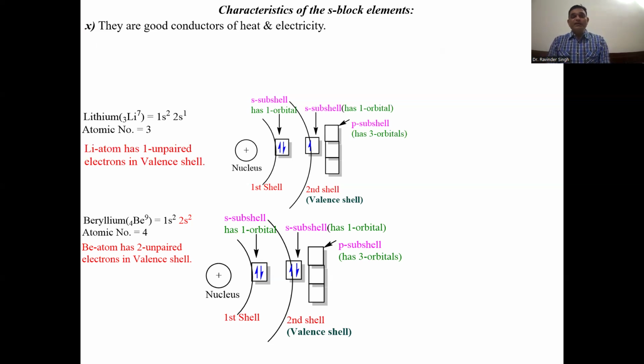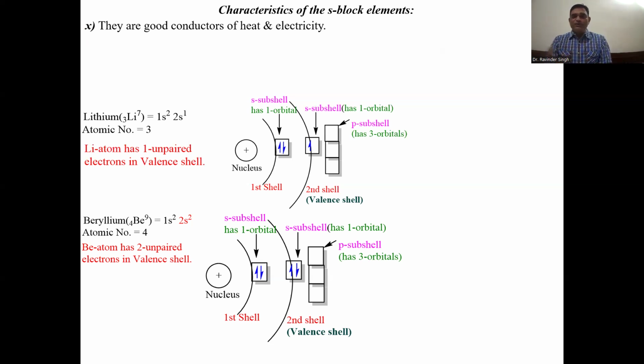The next point is that they are good conductors of heat and electricity. Any substance which has free electrons conducts. For elements which lose electrons, the remaining part after losing the electron is called the kernel.